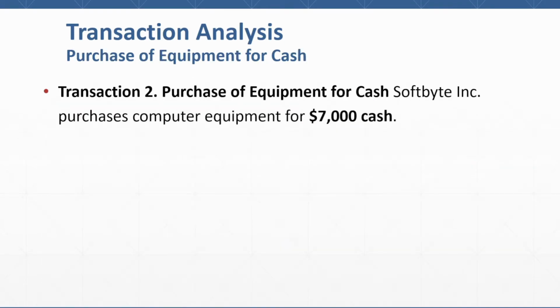Next, in the company, we purchase equipment for cash. What kind of equipment? Computer equipment for $7,000 in cash. How that would affect our transaction. Pause the video and think about it for a second.